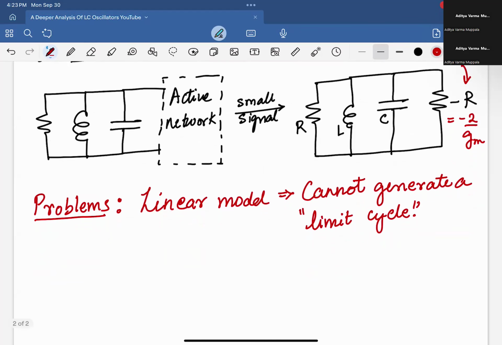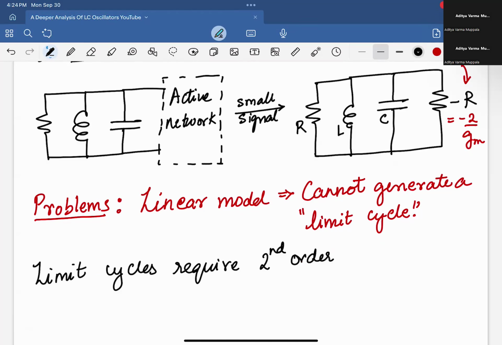Okay, so we said that you can only find limit cycles in a second order differential equation or a second order system, and it must be nonlinear. Second order nonlinear system, right?